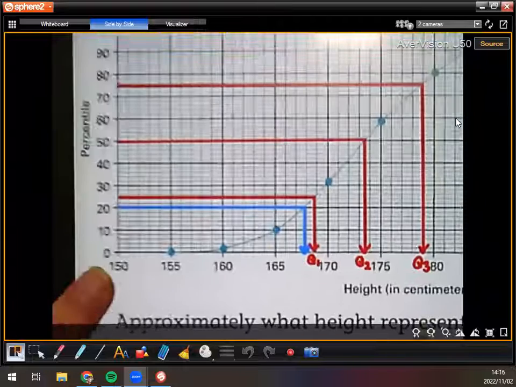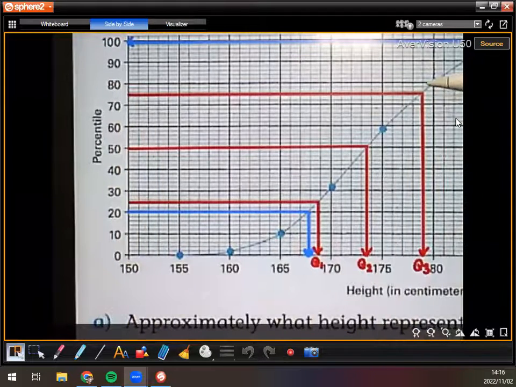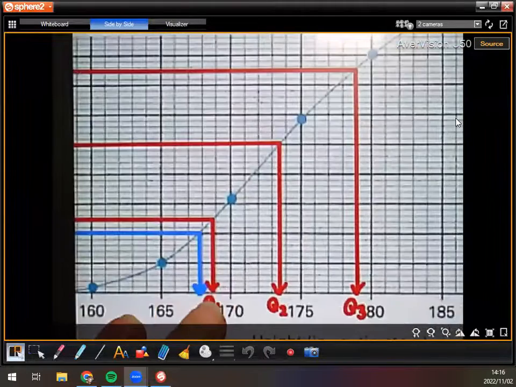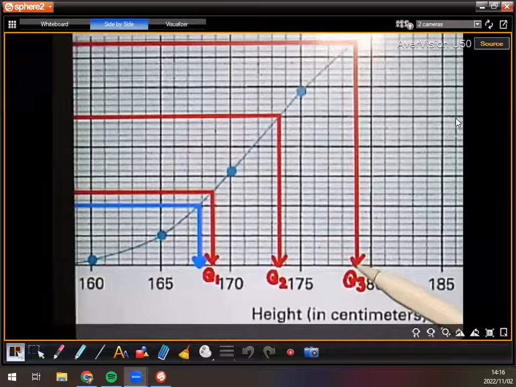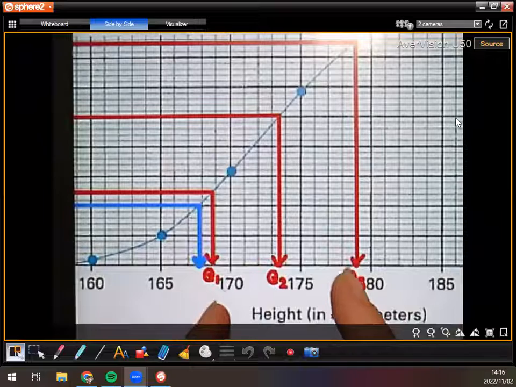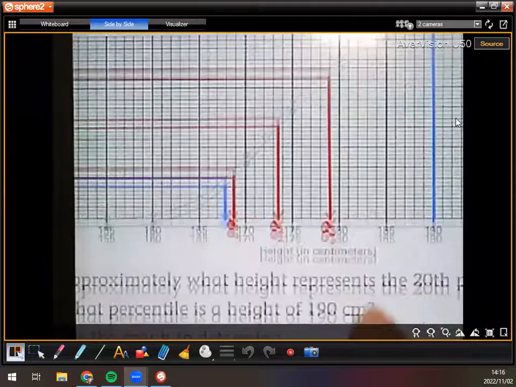And then when you go to 75 on the y-axis, all the way across, and then you take that line down to your x-axis, that is definitely 179. That was actually exactly on that line. So the interquartile range, the difference between these two, 179 minus 169, is 20.